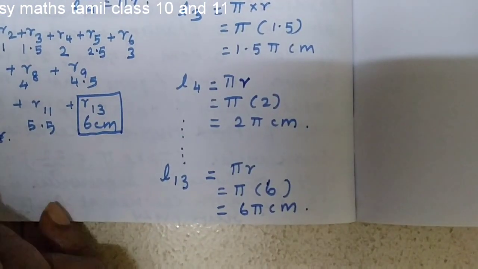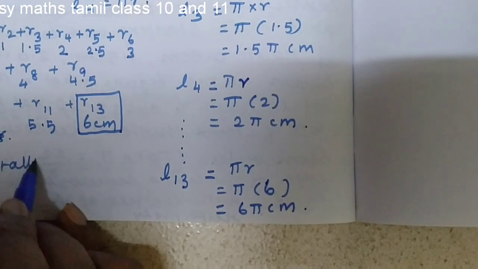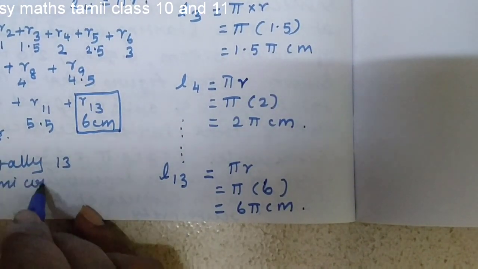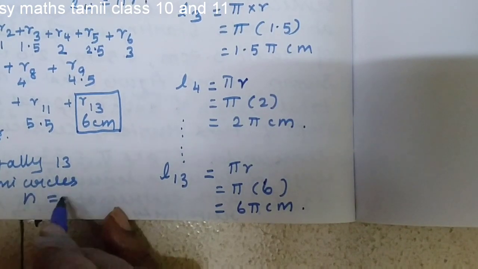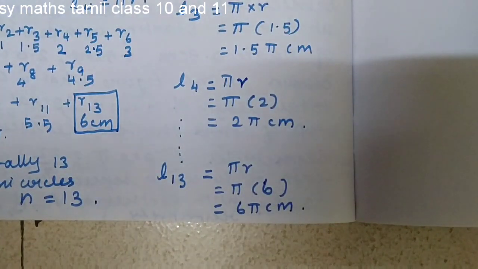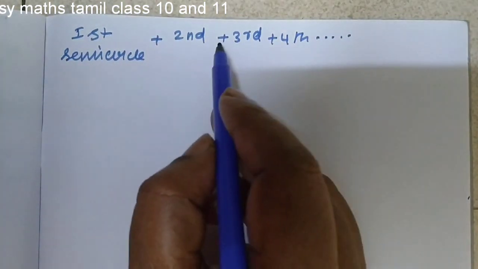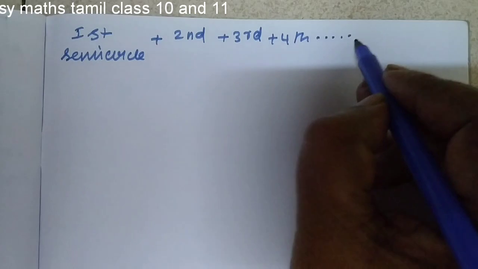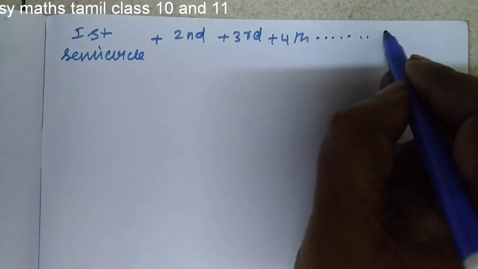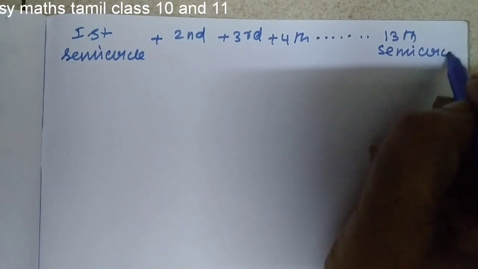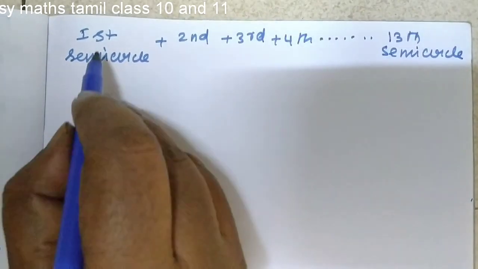There are totally 13 semicircles. The value of n is 13. So first semicircle, second semicircle, third semicircle, fourth semicircle up to the 13th semicircle, this forms an AP.